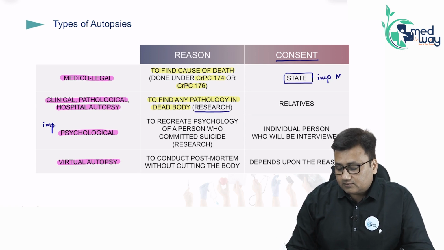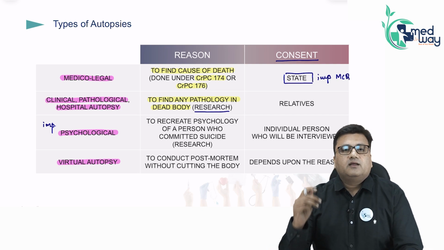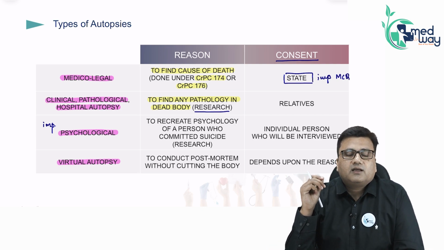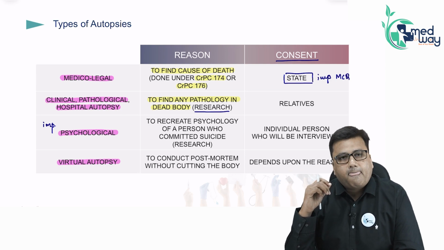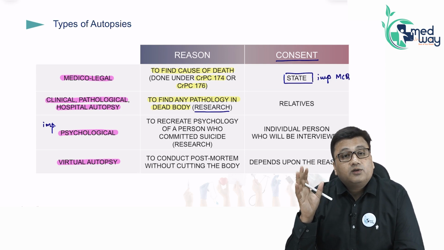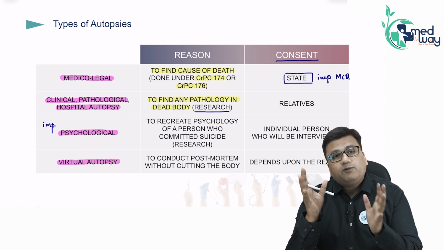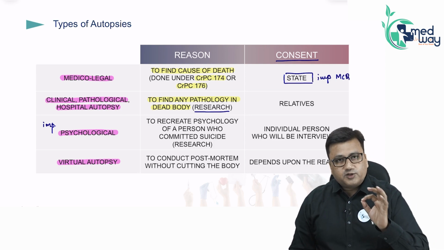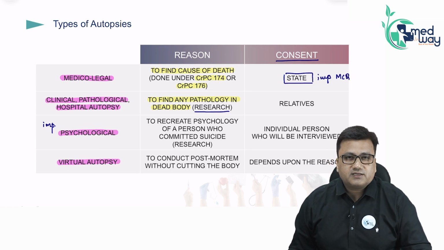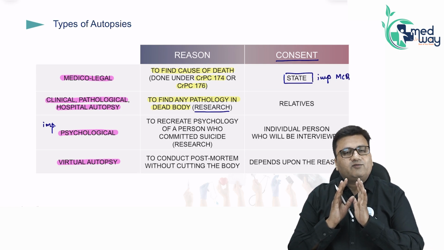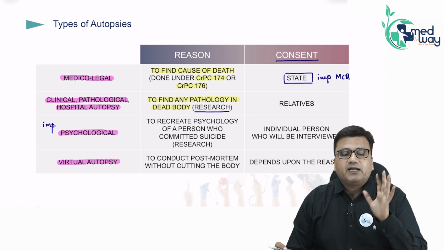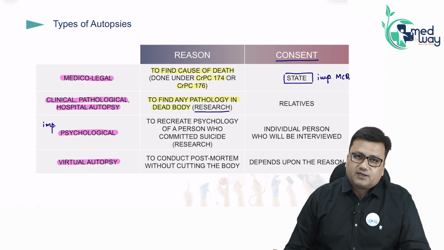For example, if there has been an alleged case of homicide, the state wants to know how the person was killed. The state would give consent to the autopsy doctor to conduct the autopsy in this case. The doctor does not have to take that consent from the relatives. That is what we want to say.